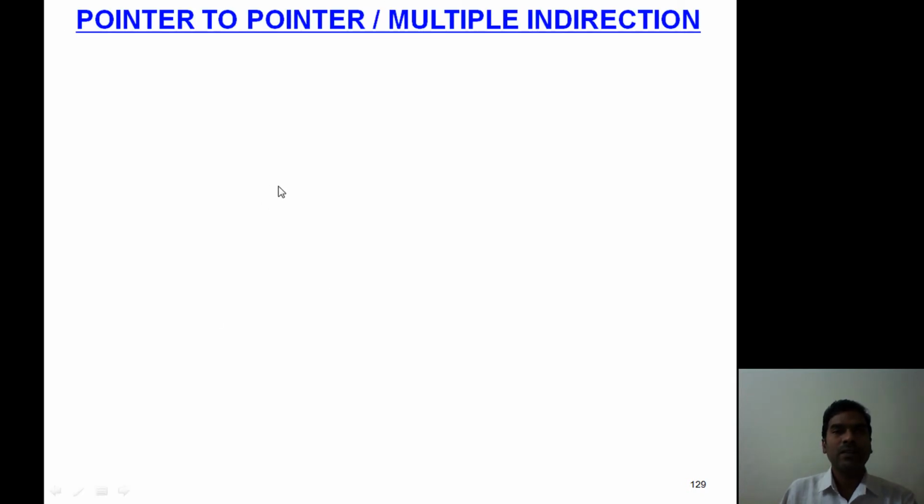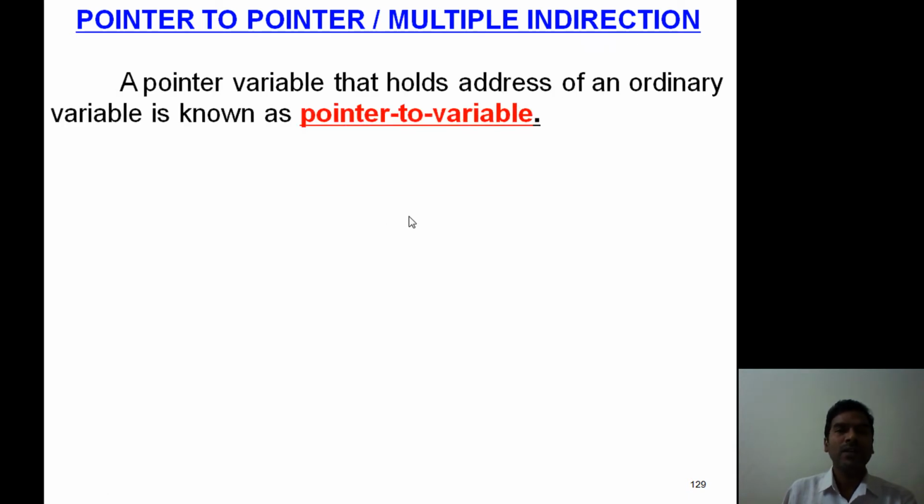The next concept, pointer to pointer. Pointer to pointer is also known as multiple indirection. The first one, pointer to variable: a pointer variable that holds the address of an ordinary variable is known as pointer to variable. Here there is a link from the pointer variable to the ordinary variable.